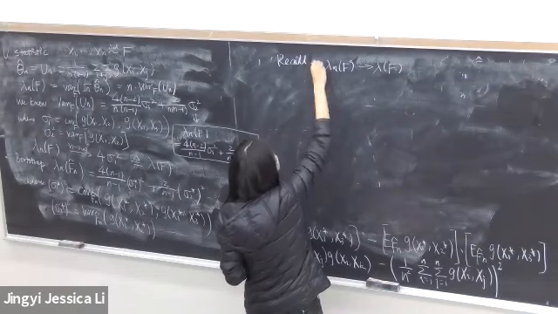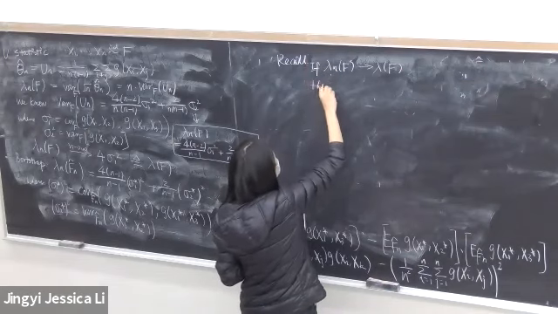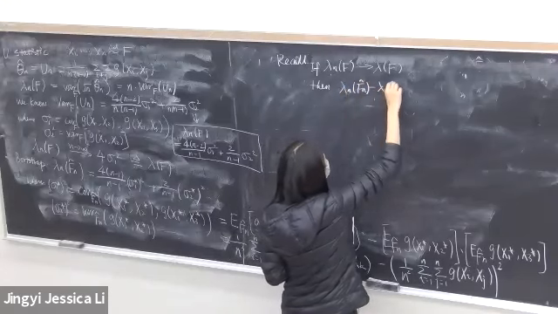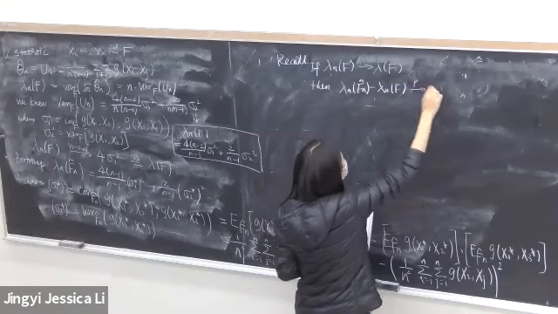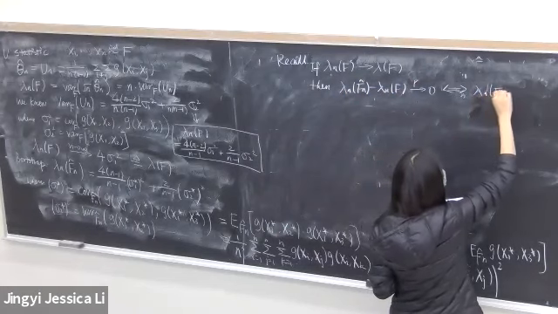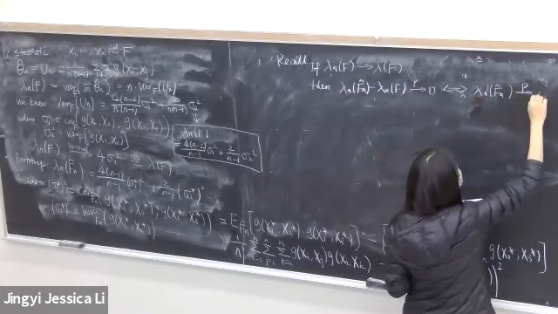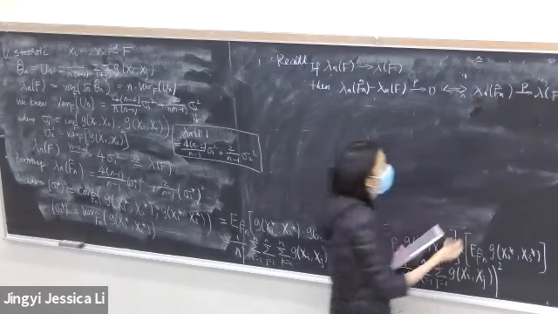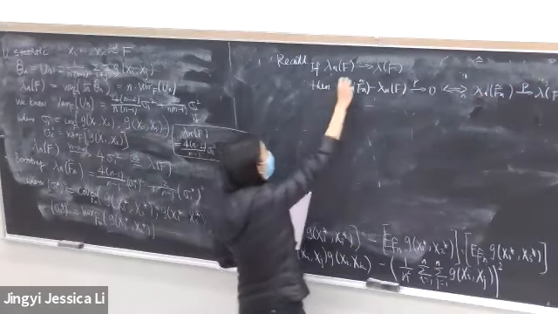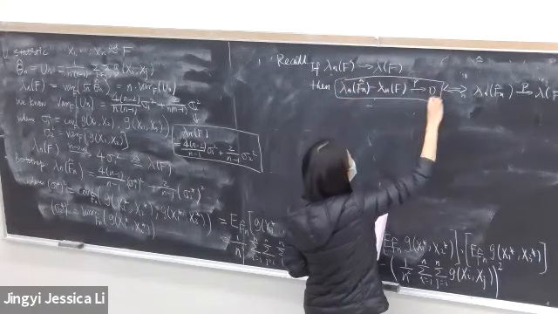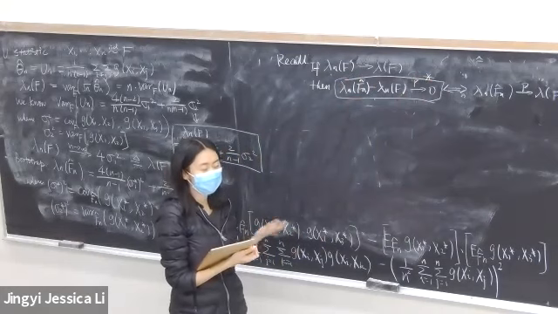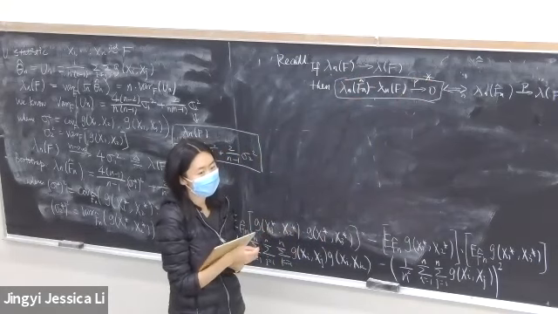So if I have this limit, then lambda n f n hat minus lambda n f converging in probability to 0 is equivalent to lambda n f n hat converging in probability to lambda. Okay, so this is our interest, right? Because if this holds, it will tell me that lambda n f n hat is a good estimator of lambda n f, which is our interest.